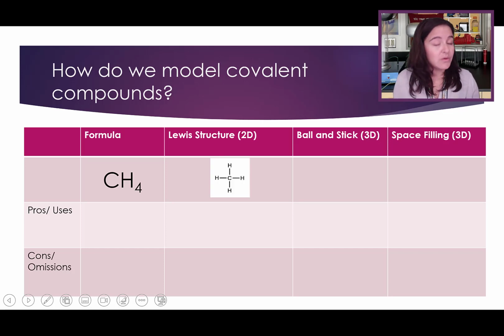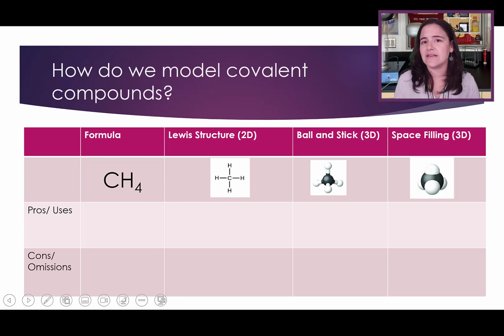We also have the Lewis structure for methane, showing the carbon with a single covalent bond to each of its 4 hydrogen atoms. We have the ball and stick model, which shows us the tetrahedral shape, and the space filling model, which gives us a sense of how those atoms actually take up space.